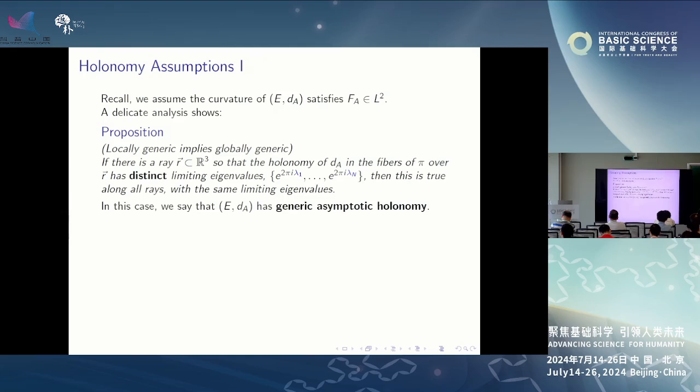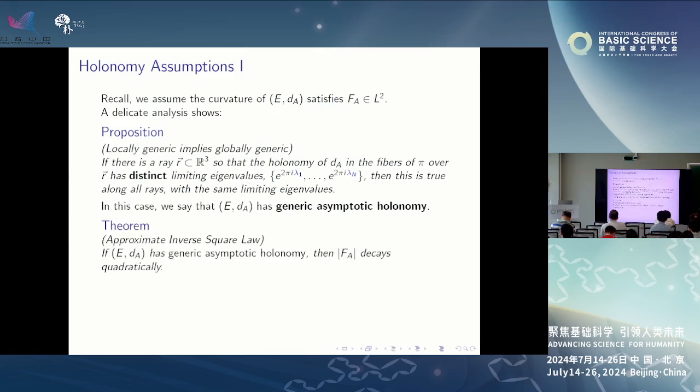When that's true, we say that this bundle has generic asymptotic holonomy. And a theorem says that if you have generic asymptotic holonomy, then the curvature decays quadratically.